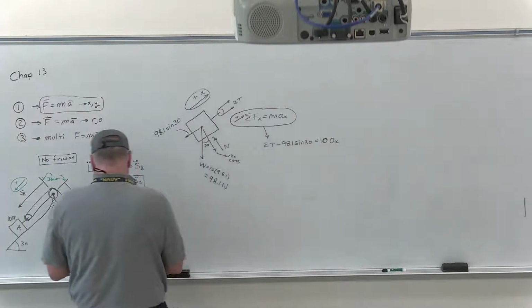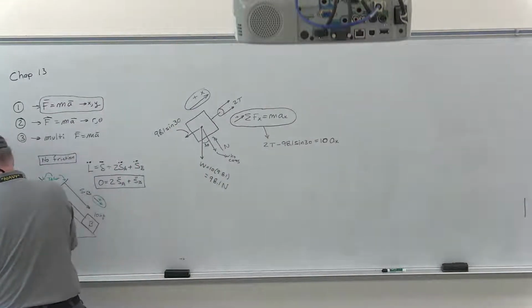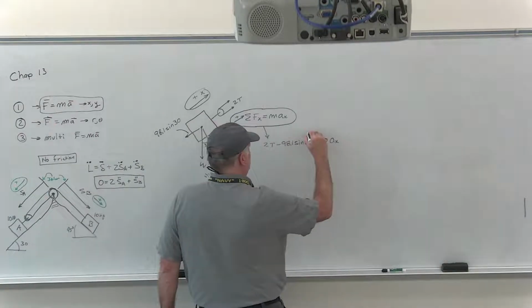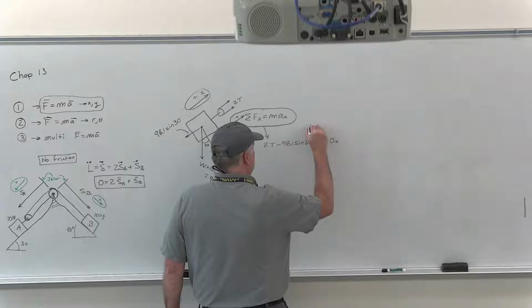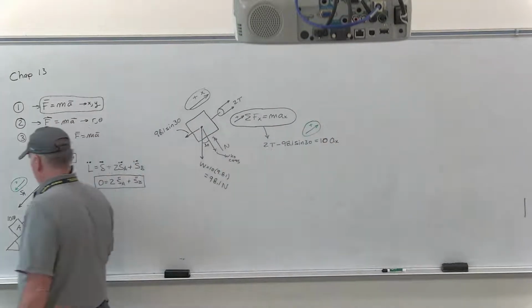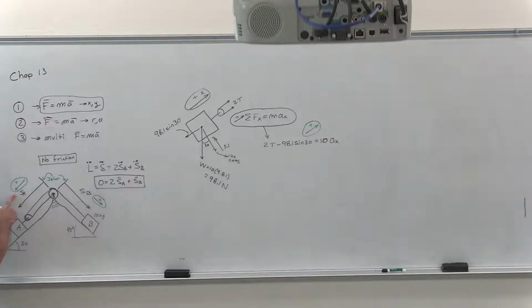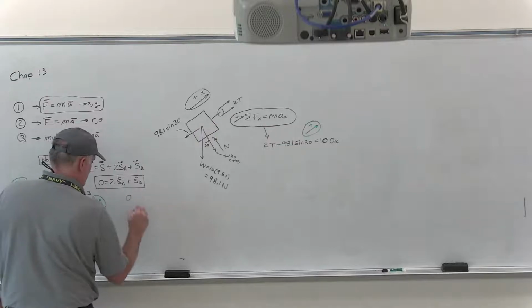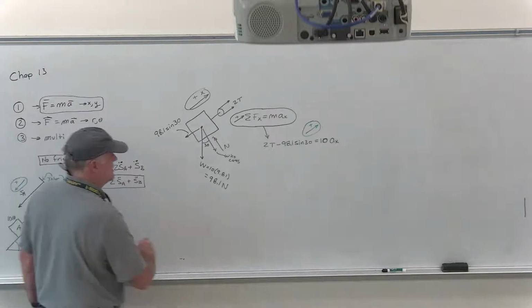Now, I've done something to you on purpose, recognizing that this is positive here, but this is positive here. So, in fact, here, I better not write it here, I better write it over here.